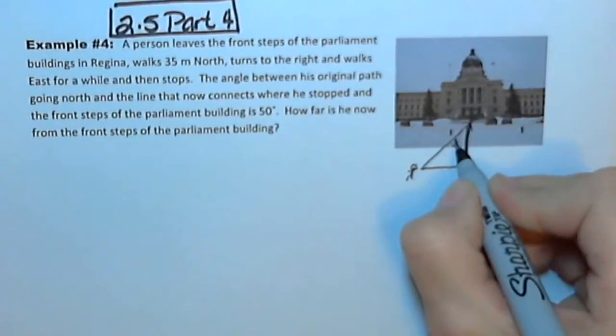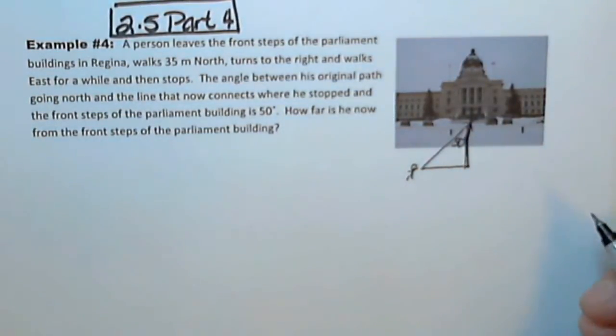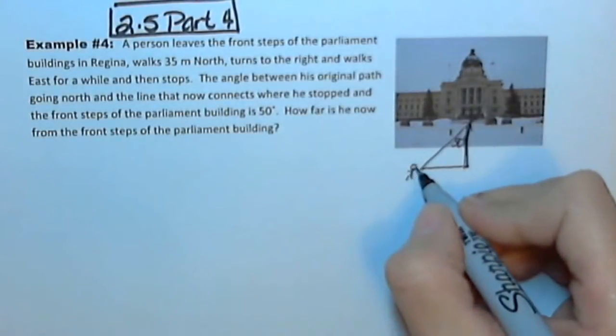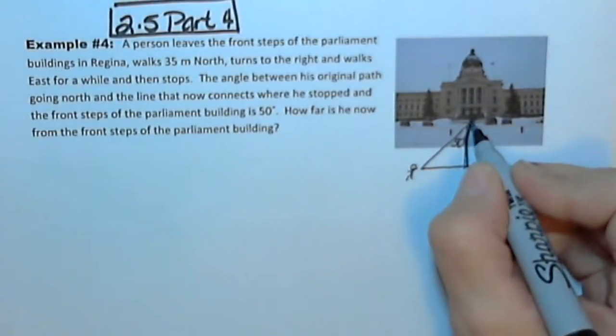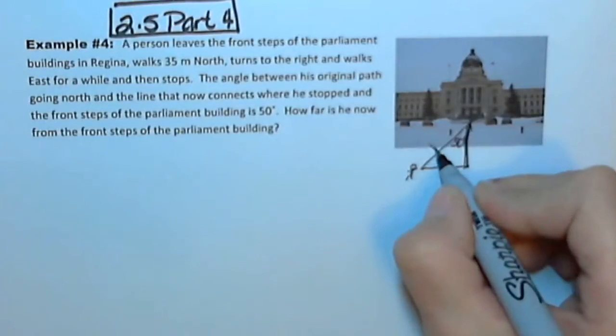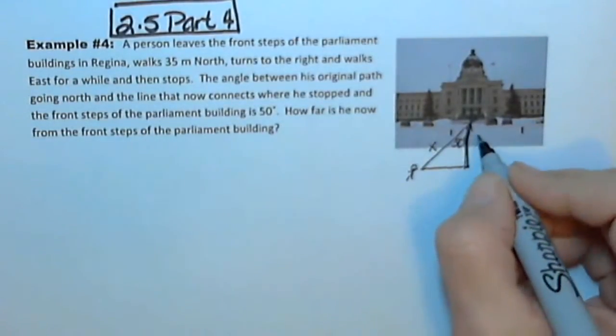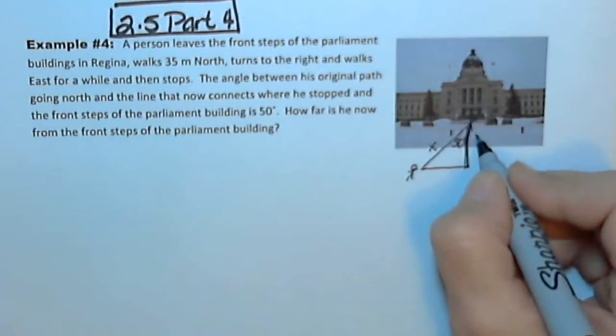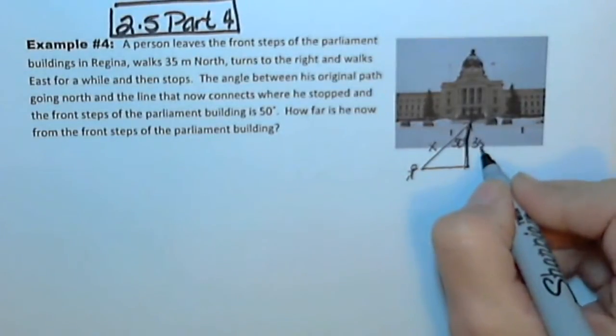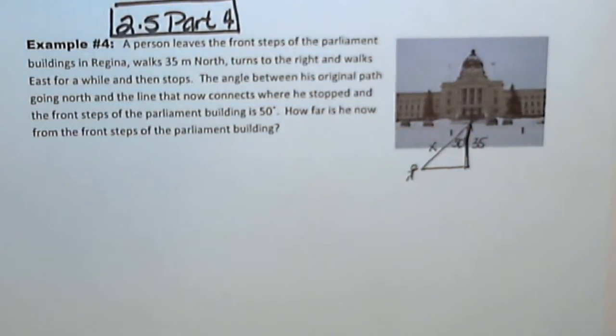So right in here, this angle is 50 degrees. How far is he now from the steps of the Parliament building? That's going to be an x. And we know that he walked 35 meters north, which is right there.